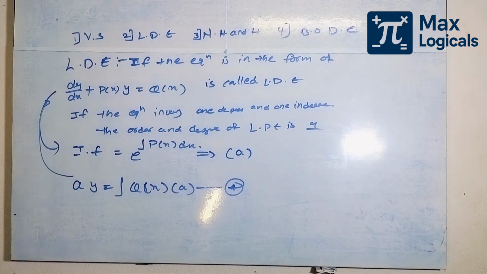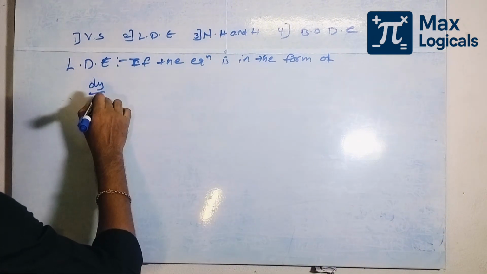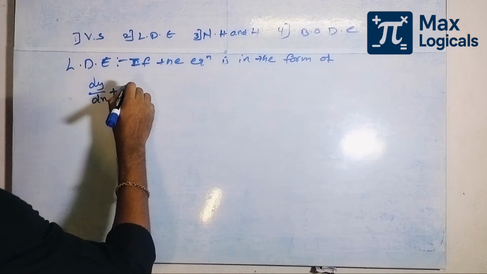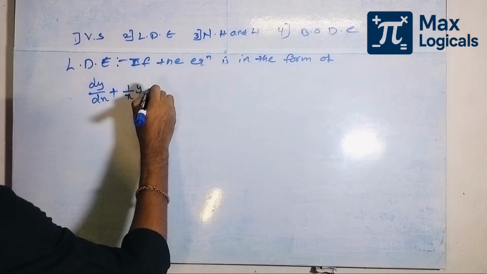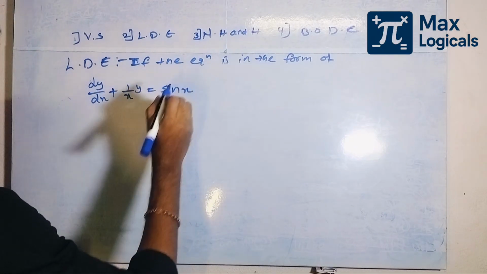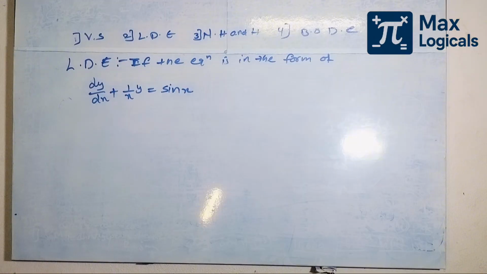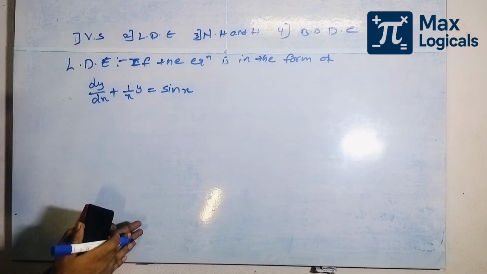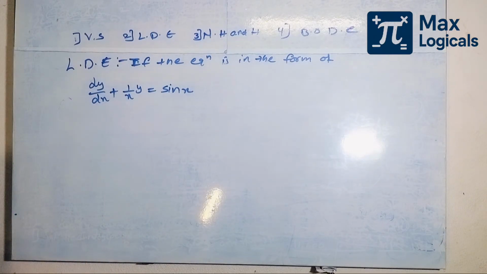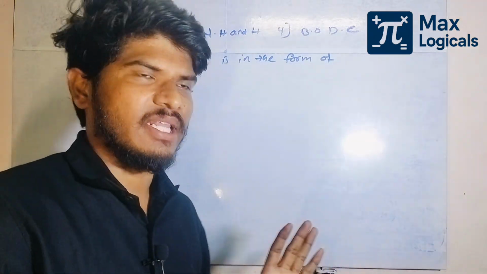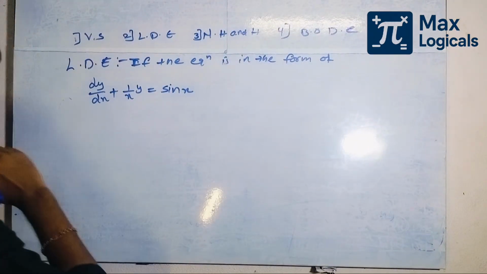Now let's take one example: dy by dx plus 1 by x y equal to sin x. This is my linear differential equation, because the order is one and the degree is one. So we can solve this equation by the linear differential equation method.